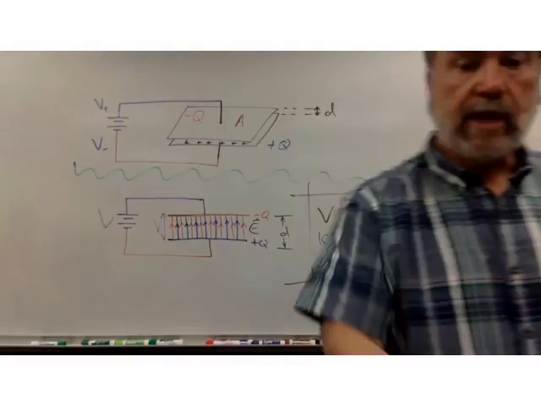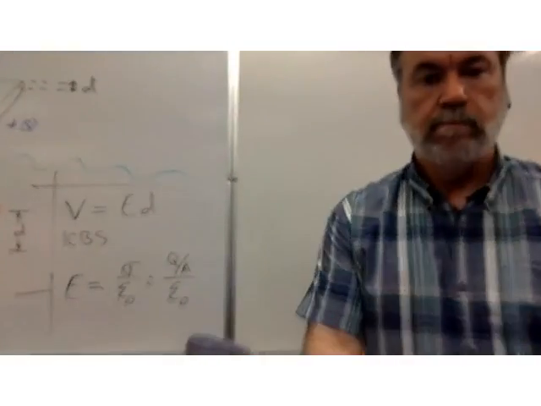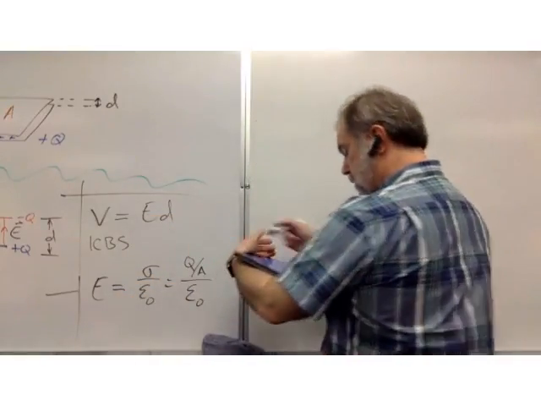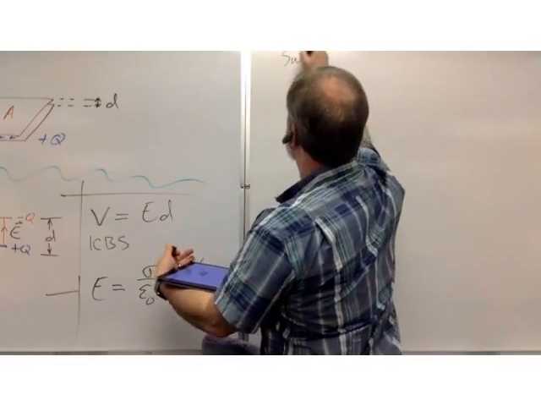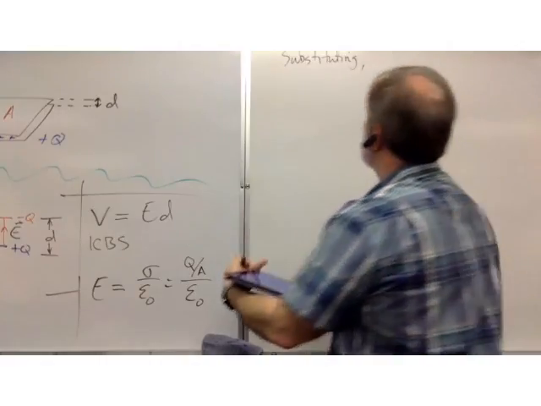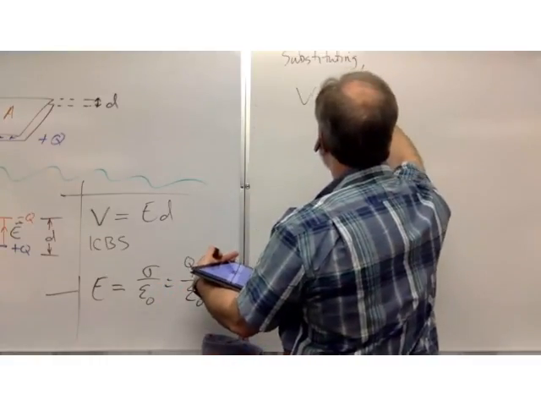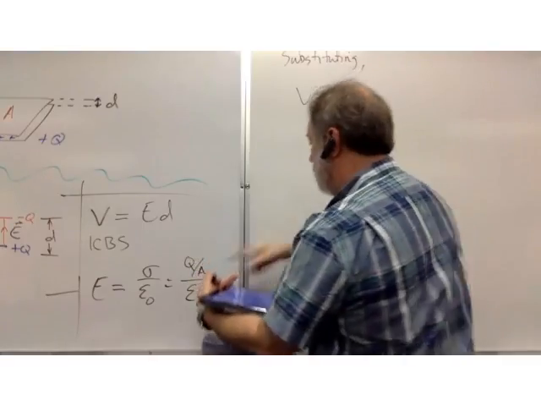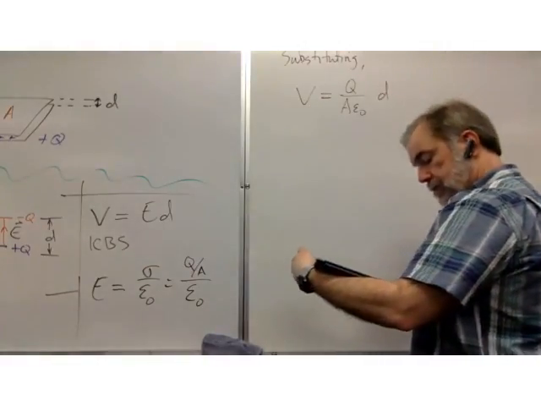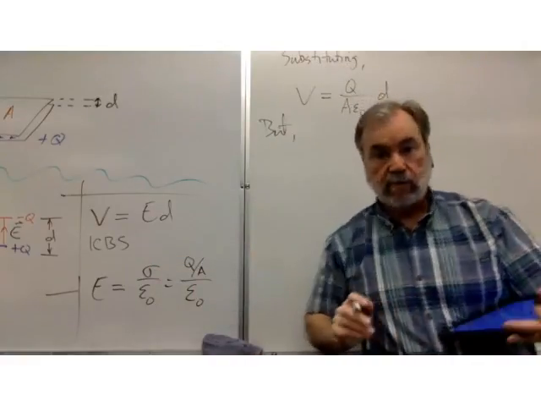All right, so putting these together, V is equal to E times D, but E is equal to Q over A epsilon naught, so that gives us V is equal to Q over A epsilon naught times D. But the capacitance, remember, is what we're actually after.